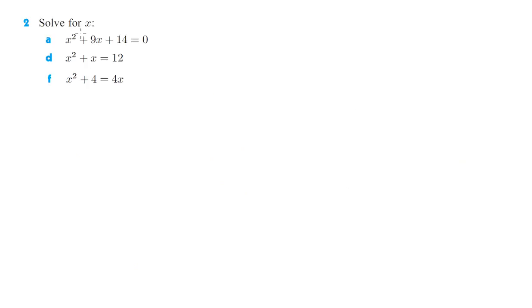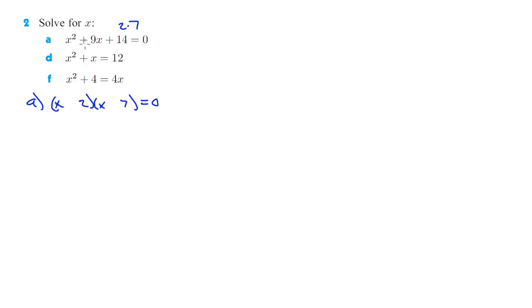Number 2, solve for x. All right, so all we're really going to do here is try to factor these out. There's nothing you can factor out of all three of them, so we're going to have to factor this way. Okay, so what are the factors of 14 that add up to 9? Let's see, what is that going to be? 2 times 7 adds up to 9, right? So we got x and x, 2 and 7.